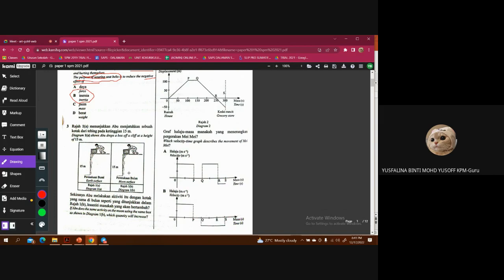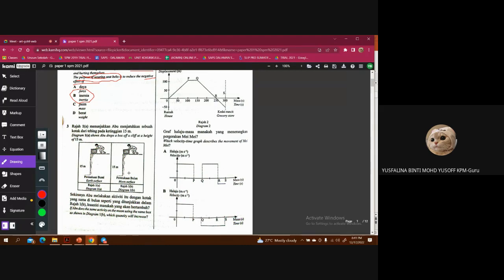Okay, for number 3. Diagram 1A shows Abu dropping a box off a cliff at a height of 50 meters. So this is two situations. If Abu does the same activity on the moon using the same box, as shown in diagram 1B, which quantity will increase?